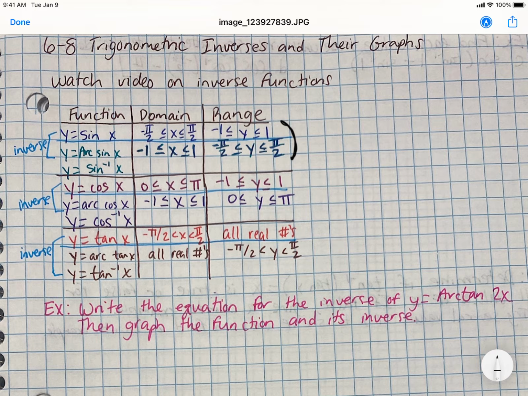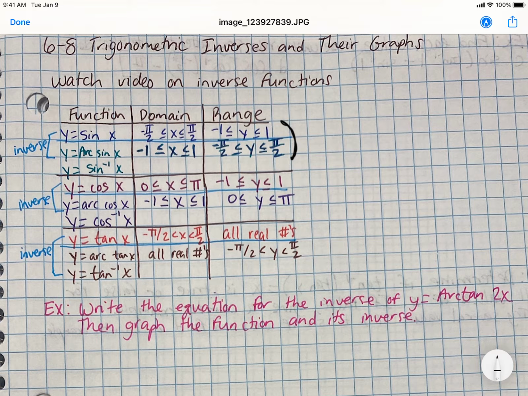So for sine, the domain would be negative pi over 2 is less than x is less than pi over 2, and the range would be negative 1 to 1. And for the inverse, its x values would be from negative 1 to 1 and its y values negative pi over 2 to pi over 2. Okay?